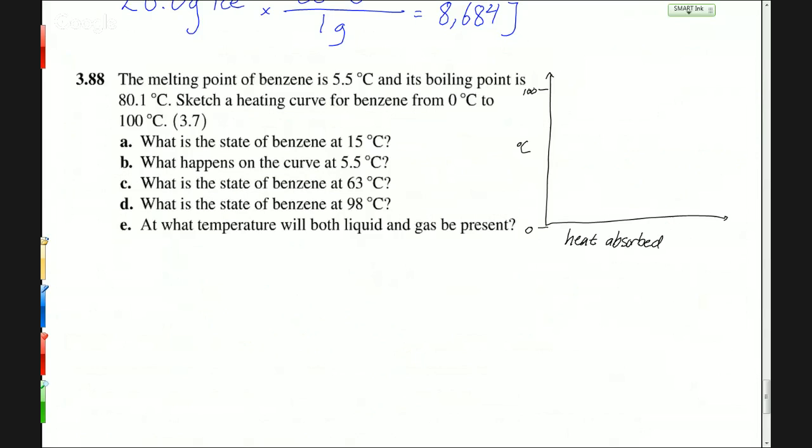So let's see if we can find that on the graph here. 5.5 is, all right, we'll make it a little bit bigger. Call that 5.5, and then call this 80.